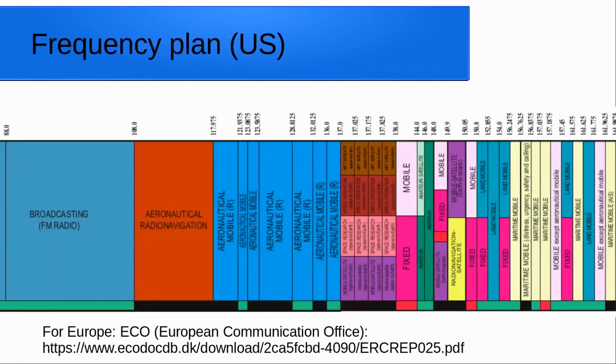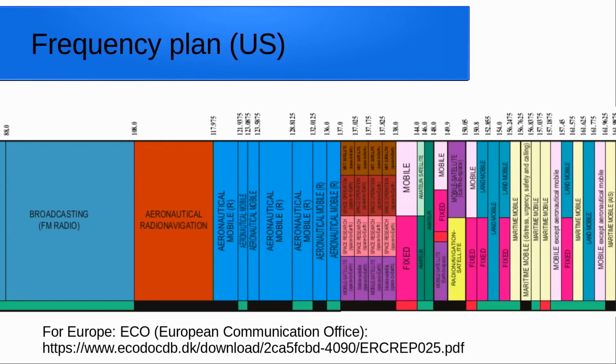So a bit about the frequency assignment. There are frequency plans. Here you can see a frequency plan of the US. They had a nice chart like this. Here, for example, you can see the frequency band from 88 to 108 megahertz, then some aeronautical services and other stuff at the other frequencies.